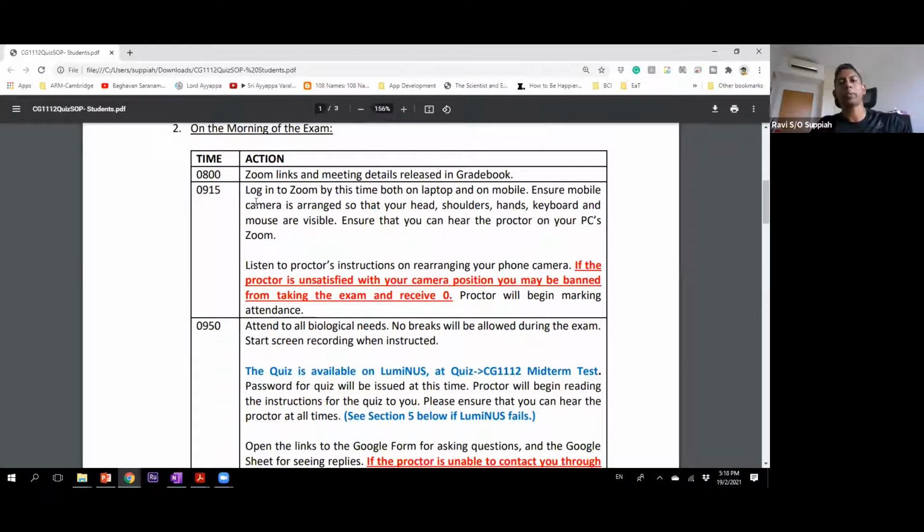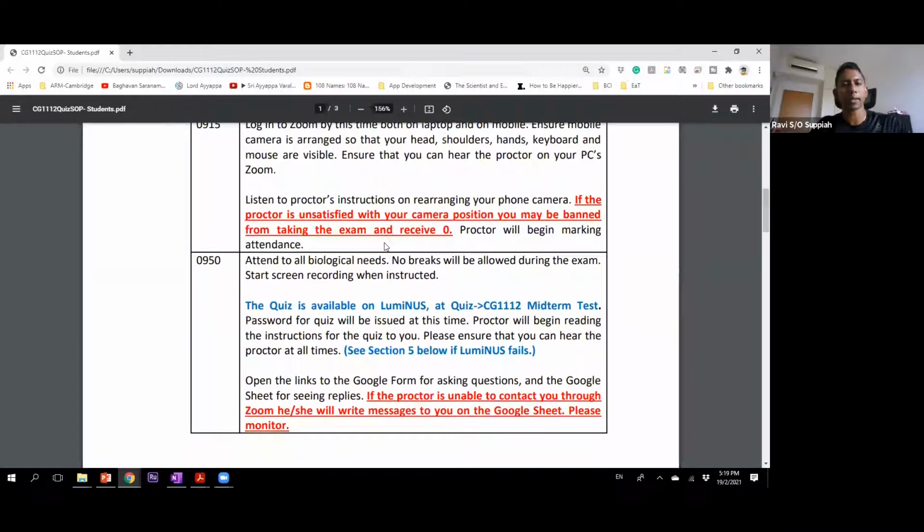You are expected to log in early, to give time for the setup and for the TAs to check everything, and make sure that your camera angle, your lighting, everything is good. Please follow the timings given so that the TA is able to check everything and set up everything properly before we start.